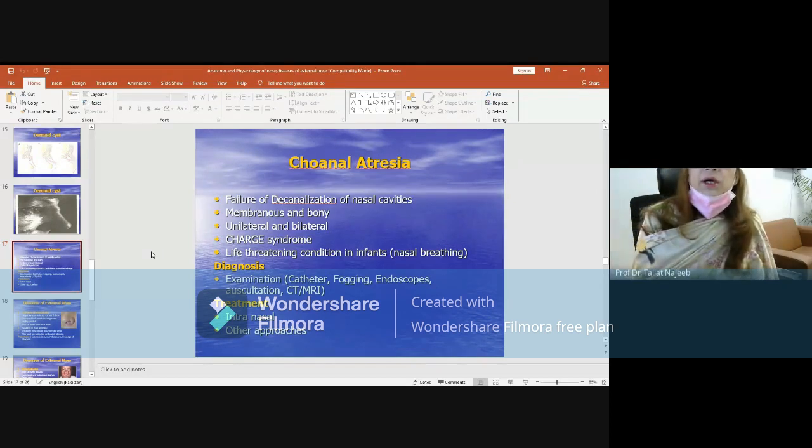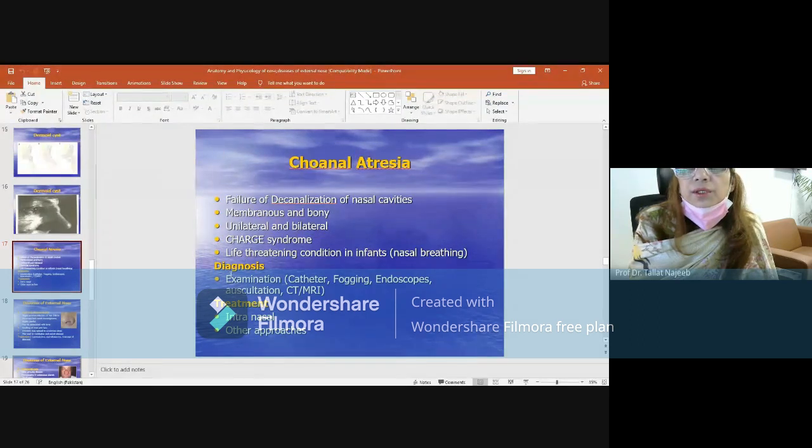In CHARGE syndrome, C stands for coloboma, splitting of eyelids, H for heart anomalies, A for atresia choanae, R for retardation, G for genital problems, and E for ear problems. So a patient can present with hearing loss or microtia along with choanal atresia.